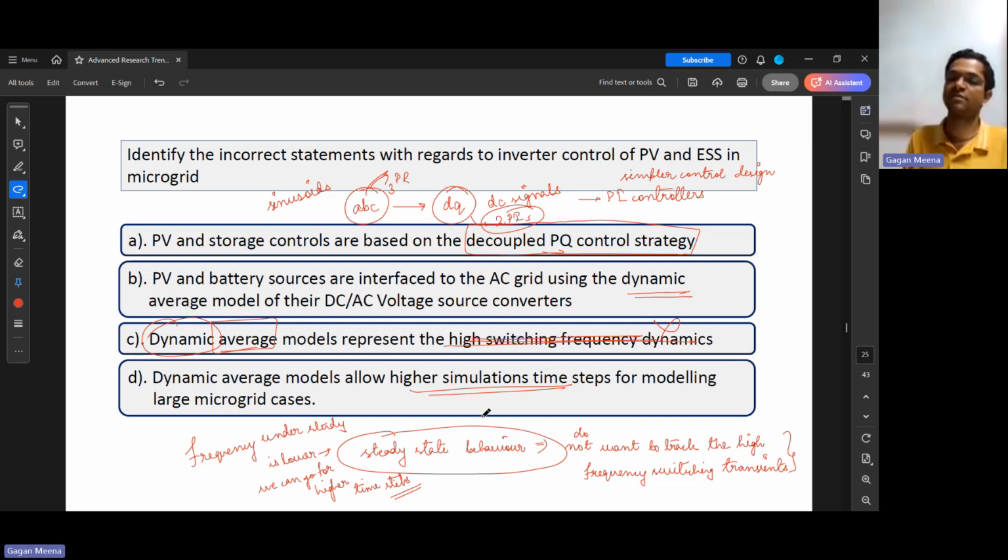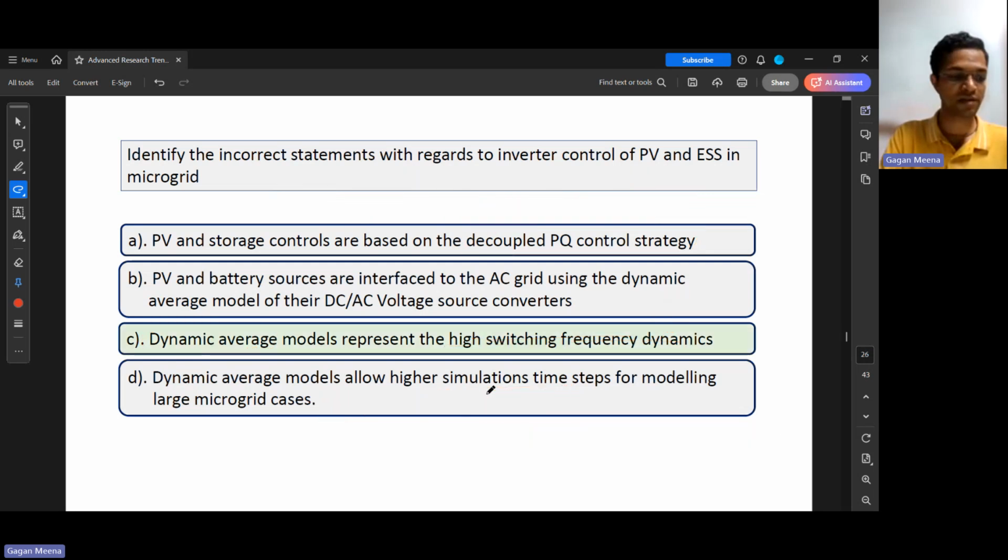The higher the frequency we want to monitor or analyze, the smaller the time step we need. And because of higher simulation time step, we can save on computation, which reduces the computation requirement and time. So what was the incorrect one? This one, the statement about the dynamic average model representing high frequency dynamics, is incorrect here.